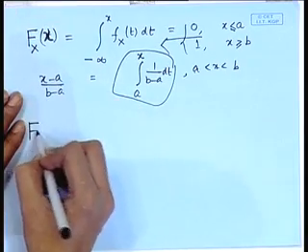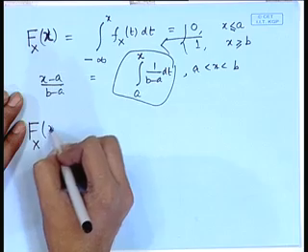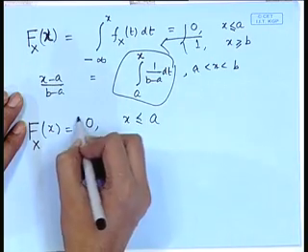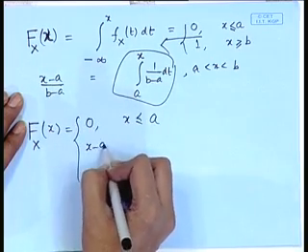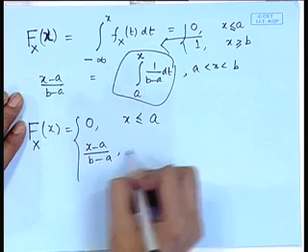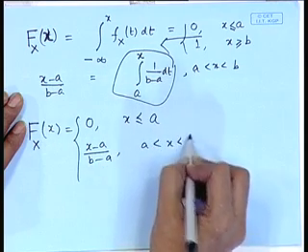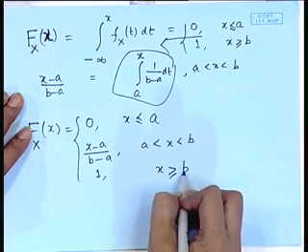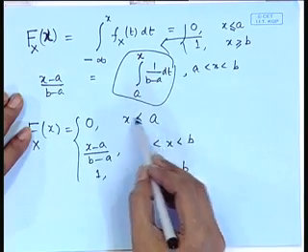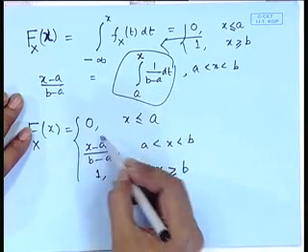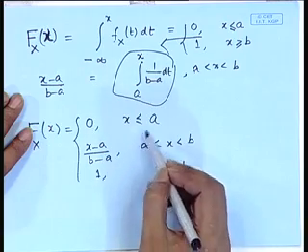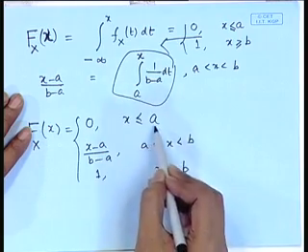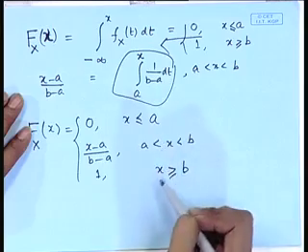Therefore, the CDF can be written as 0 for x less than or equal to a, x minus a by b minus a for a less than x less than b, and 1 for x greater than or equal to b. You can easily observe that the function is absolutely continuous. The derivative will give you the density, and at the endpoints a and b of the interval, the function is continuous.